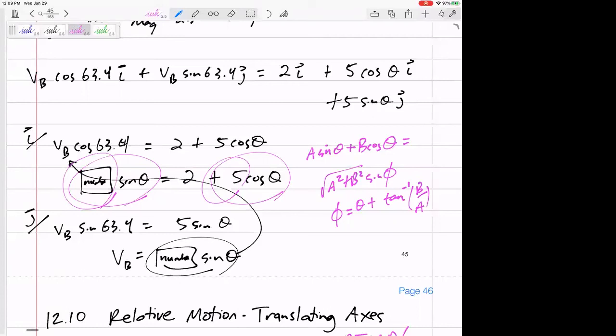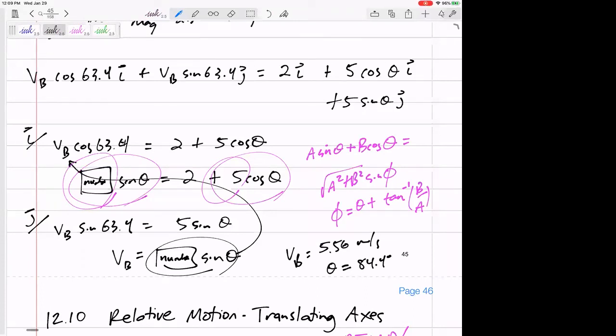Okay, do you want the final answer? I've got VB is 5.56 meters per second. That's his real velocity, the velocity he's really going. And theta is 84.4. Theta goes up here with a relative term. All right, does it make sense that he's going 5.56?